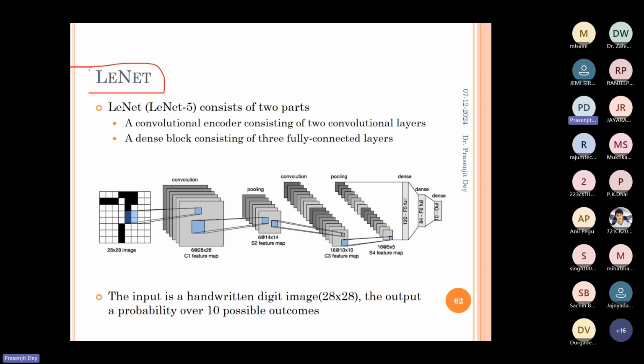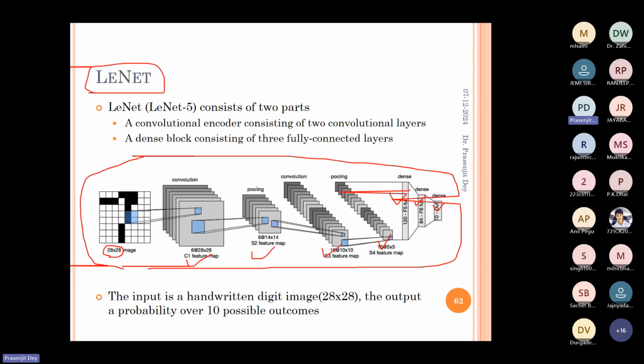This is LeCun. LeCun invented the first convolution neural network, where this is the input image. As you can see, this is the height and width of the image. After that, he used one convolution layer, one pooling layer, the next convolution layer, pooling layer, after that a fully connected layer, dense layer, and output layer, like I have discussed, and implemented an image classification task on the MNIST dataset.